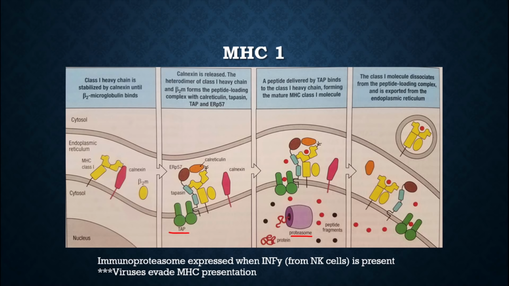And of note, I'm not going to go over all of them now, but viruses make proteins that block this and prevent this presentation. So this is how viruses stay within our cells and are able to evade immunodetection, because if they block any part of this process, MHC1 is not going to express itself and is not going to present the viral peptides.